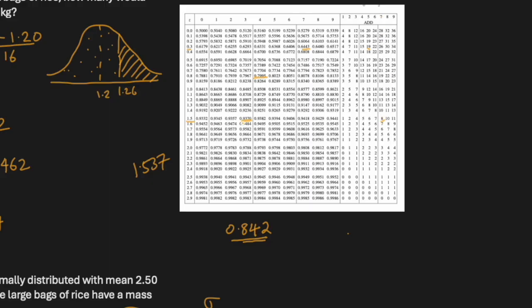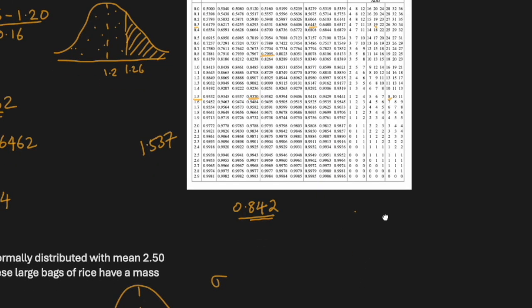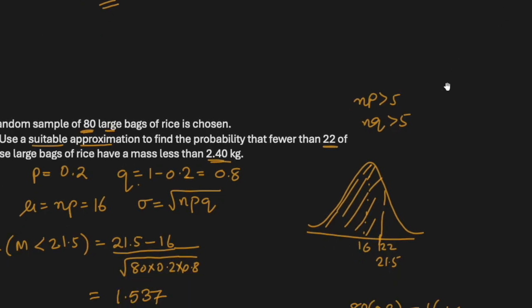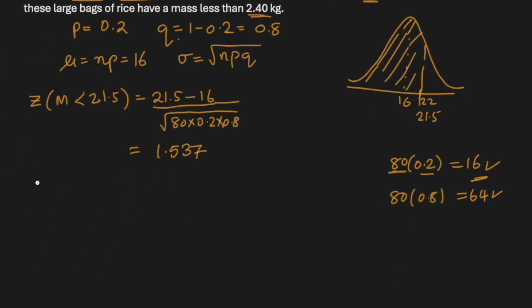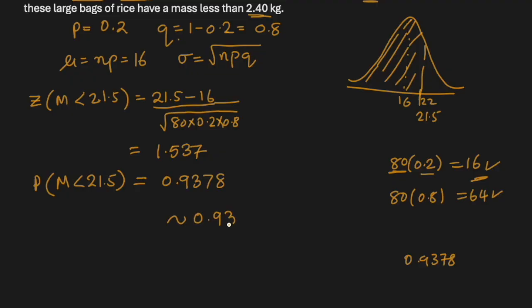So it will become 9378. 0.9378 is the probability. So the probability that M is less than 21.5 is equal to 0.9378, or we can round off to 0.938.